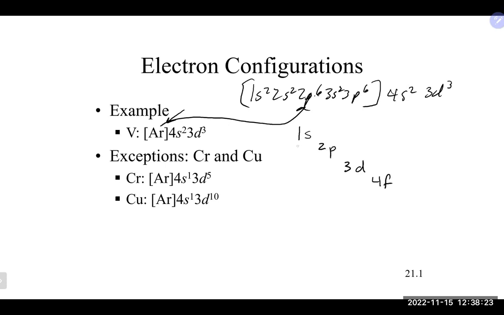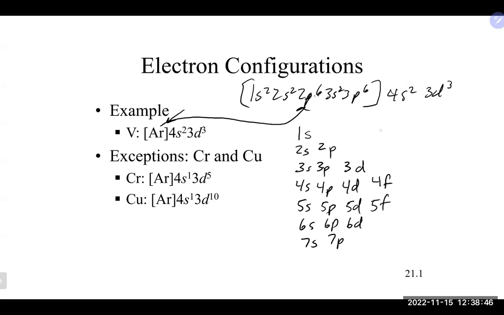Then you just put the numbers underneath: 3s, 4s, 5s, 6s, 7s, 3p, 4p, 5p, 6p, 7p, 3d, 4d, 5d, 6d, and 5f. This is the proper order.